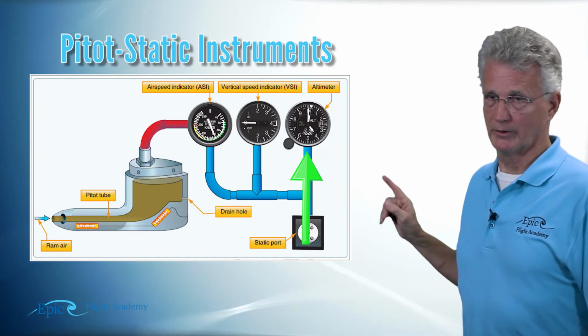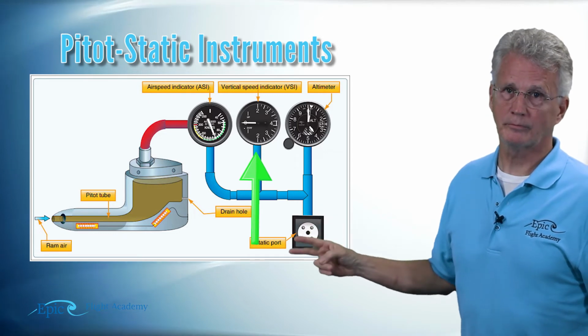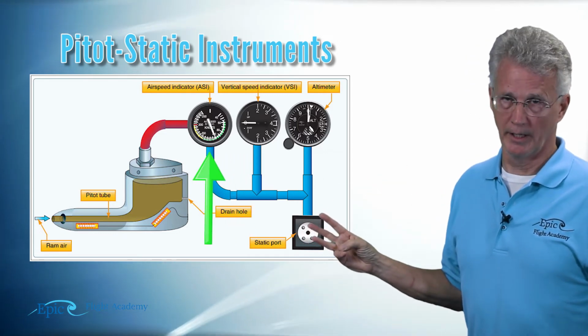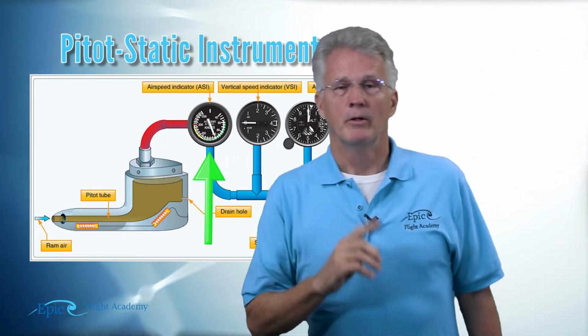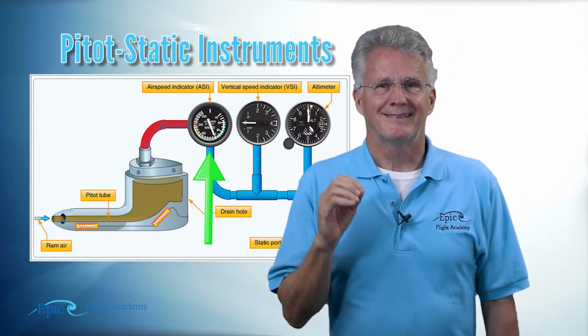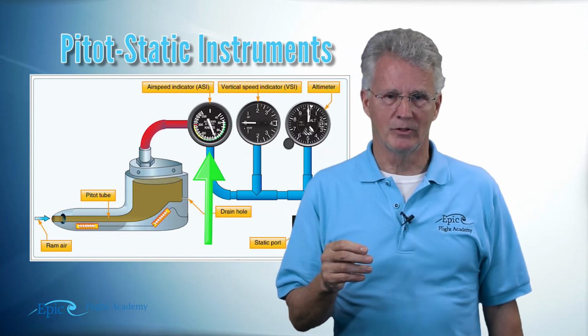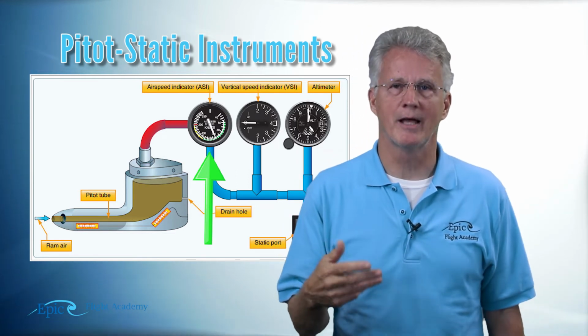It runs to the altimeter, the vertical speed indicator, and the airspeed indicator. Now, notice one more thing. That static air source has an alternative static source.